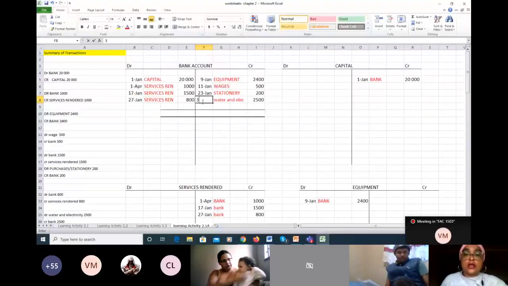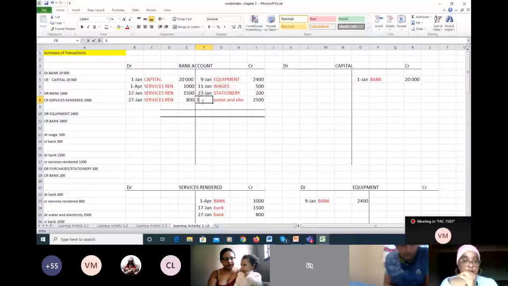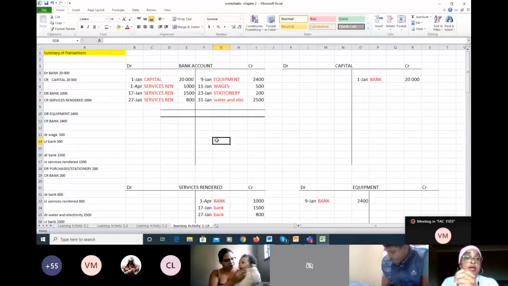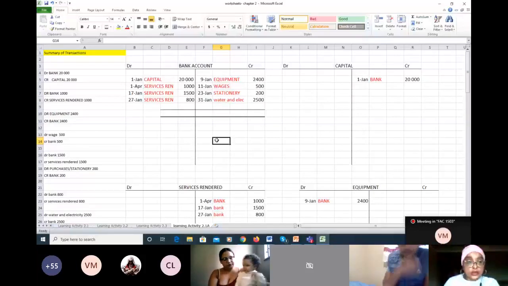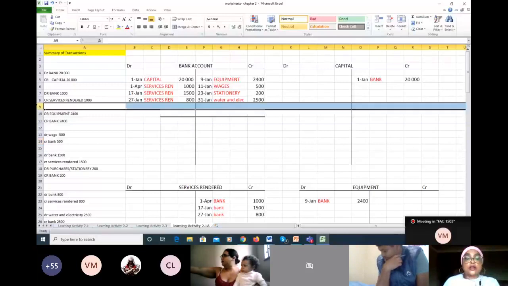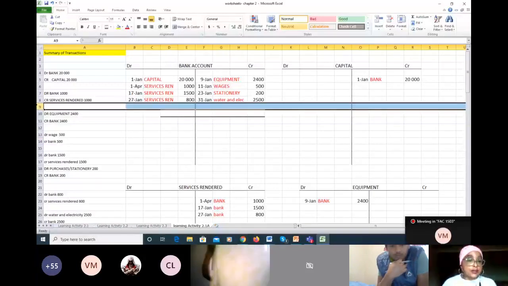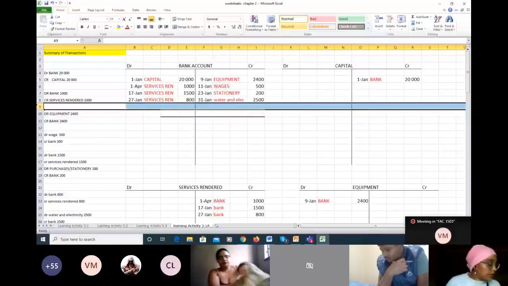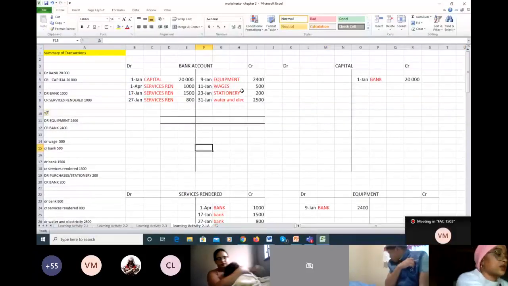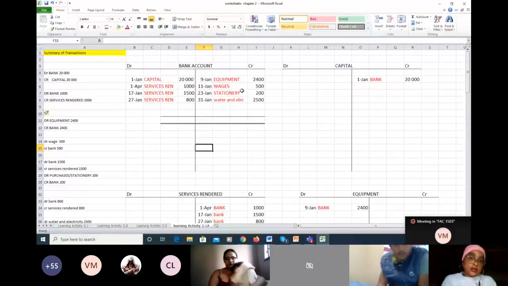Students often struggle with how to close off accounts. So basically, you add up both columns. Let me get my calculator.